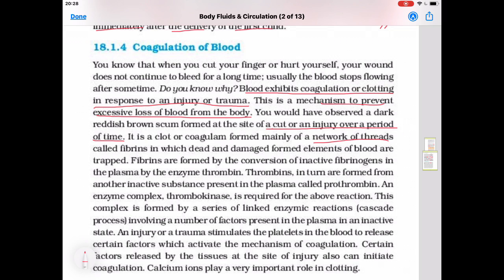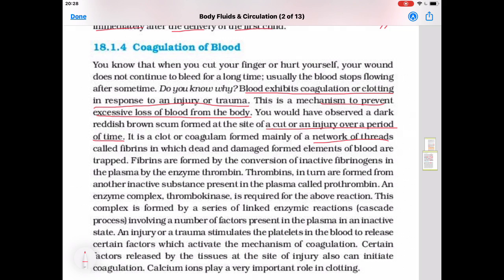So while writing coagulation of blood, we will write first the reaction in which prothrombin changes into thrombin in the presence of thrombokinase. So first reaction is prothrombin, which is present in the plasma of the blood, changes into active form, that is thrombin, in the presence of thrombokinase. Prothrombin is in inactive form and thrombin is active form.